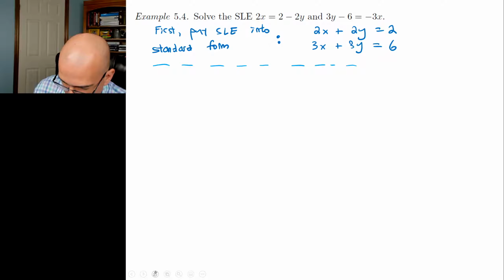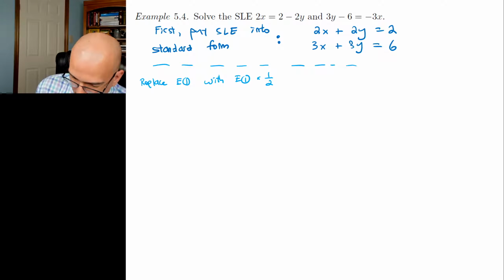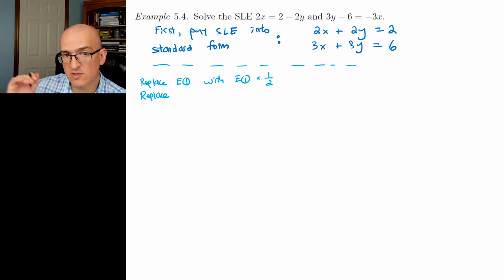So that's my first move, is replace equation 1 with equation 1 multiplied by a half. And at the same time, I'll do 2 moves in one. This is sometimes dangerous, but I'm doing 2 different moves to the lines separately.